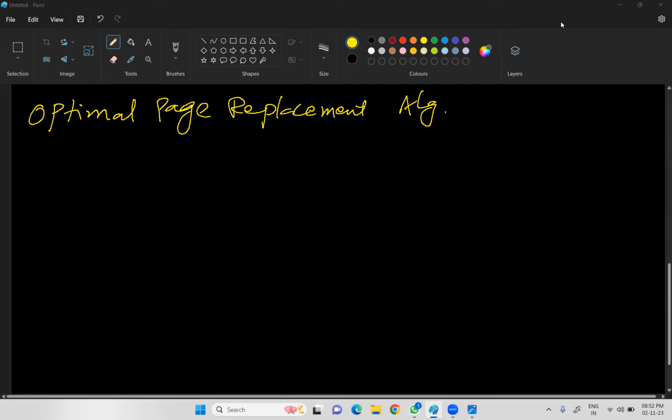What exactly will this be? It gives you one specific piece of information: the problem being executed will stipulate the number of frames in advance. These are the number of frames which will be used, given in advance. Once the reference string is prepared, there is no change in the reference string.